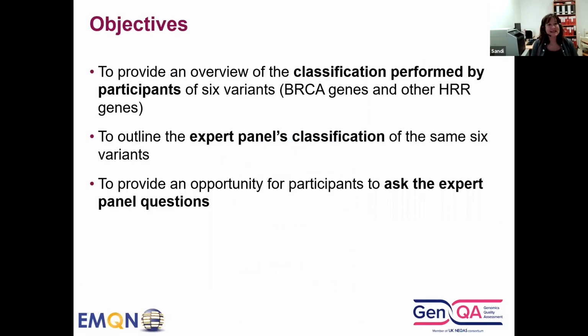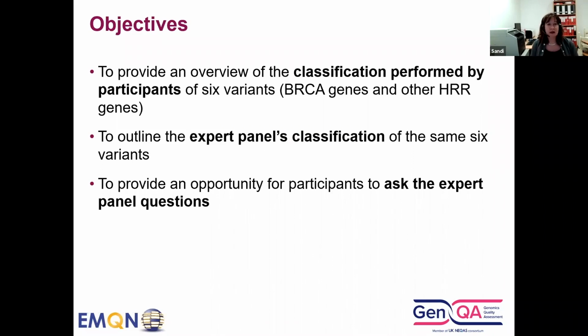Next slide, please. The objectives in summary are to give an overview of the classification performed by the participants. Now the EQA scheme has just closed and the data was made available to us yesterday afternoon. So we have a very high level summary to provide to you today, but there will be a subsequent EQA summary report released to all participants, and you'll also have access to your own individual scoring reports, so that will follow.